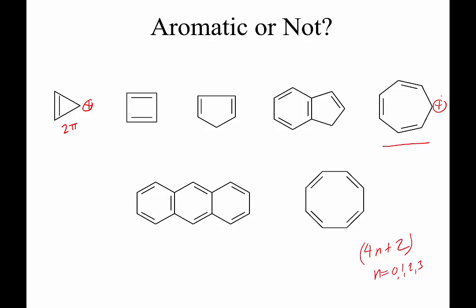But if I put a positive charge there, all of the atoms are sp2 hybridized, and I've got 6 pi electrons. That would be aromatic. The alkane wouldn't be, and we'll deal with the anion in a minute. So 4n plus 2, with all the atoms being planar, is aromatic. What is anti? So this is aromatic. What's anti-aromatic?